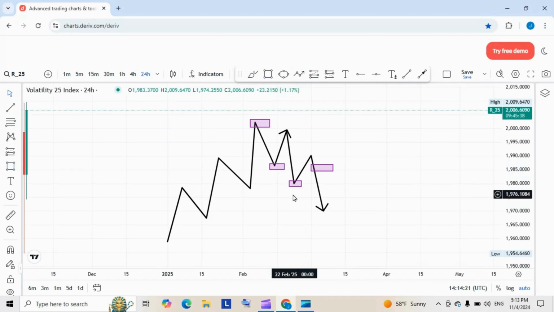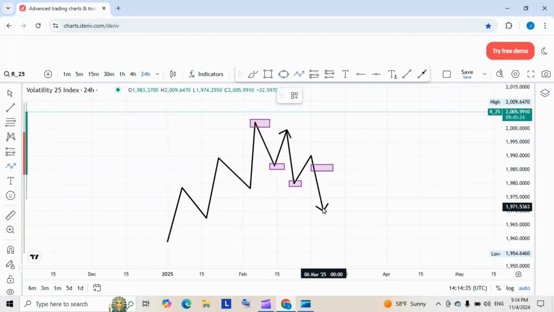So don't forget, the aggressive traders always enter after this low. All right, they break this one, and at the lower highs is where they enter. While the conservative traders basically wait. They are going to wait for a lower high and lower low.